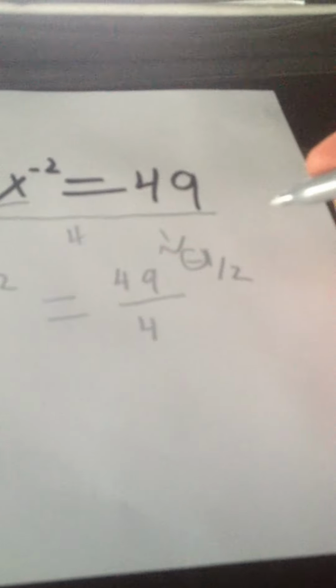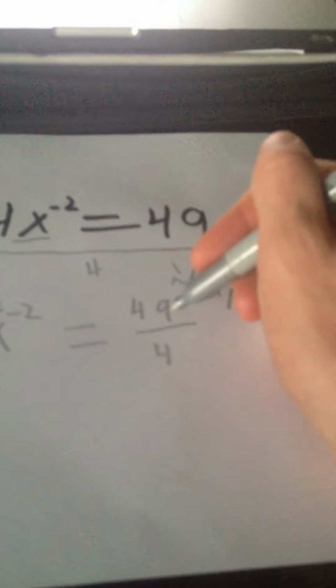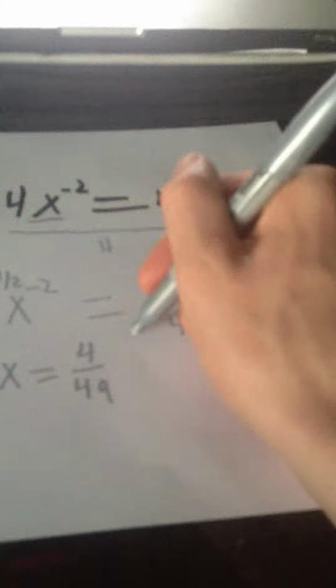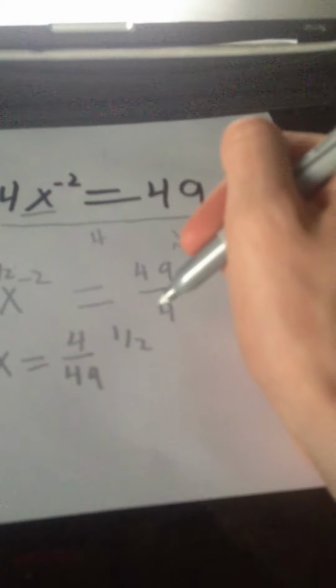So since there is a negative right here, we are going to flip 49 over 4 to its reciprocal. So it comes out to being x equals 4 over 49 to the positive 1/2.